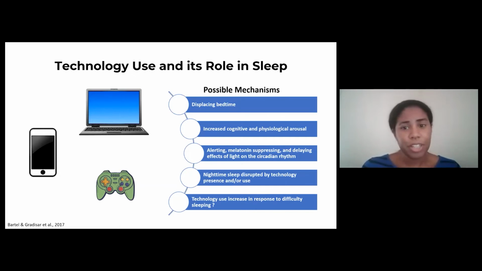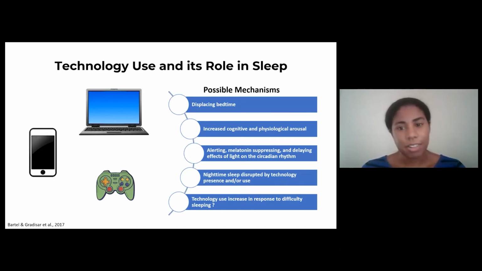One issue is that use of technology at bedtime, phones especially, potentially displaces bedtime. The fact that you are using it means that you will be going to bed later. Perhaps if you didn't have it, you would go to bed.